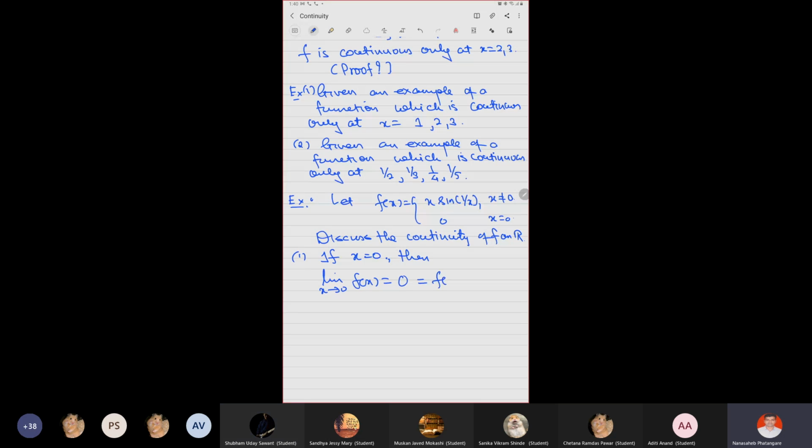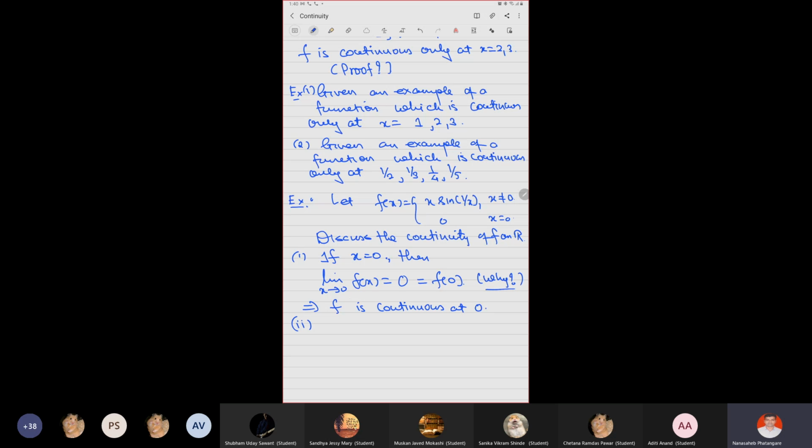And is it the same as f of 0? Yes, sir. Therefore, can I say that f is continuous at 0? Correct? Now, you can give details why this limit is 0 and so the limit exists.